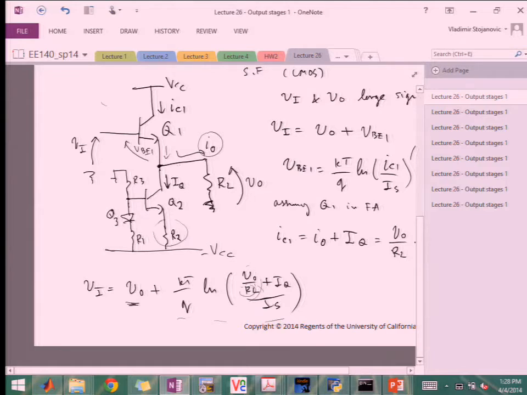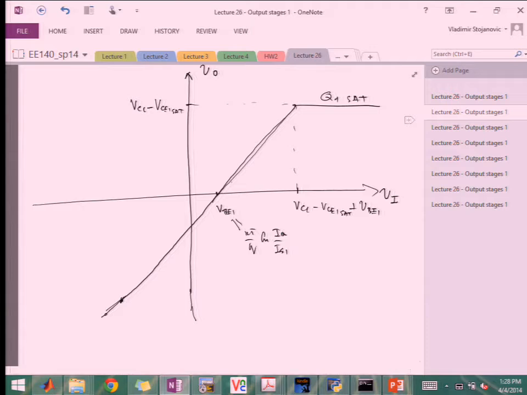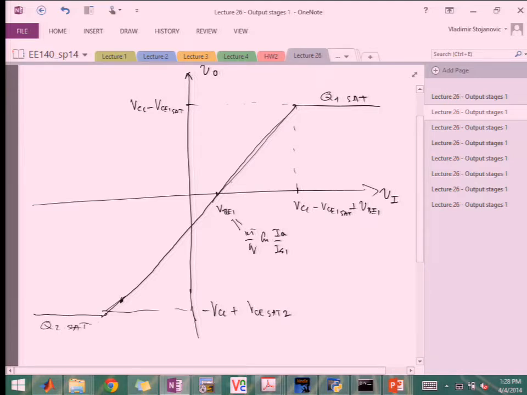Assume that the voltage drop on this guy is very small. Yeah. So in other words, it will be kind of IQ times R2 plus VCE sat. That would be the overall. But we're going to make R2 very small just to have some local negative feedback on biasing this one. So again, here we can go to minus VCC plus VCE sat2. And then Q2 will be in saturation.